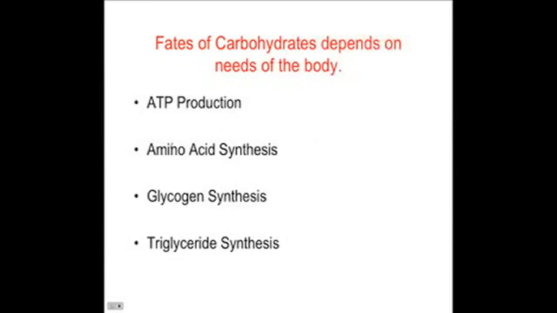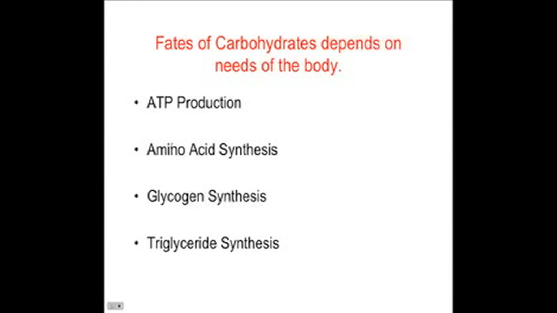There are a bunch of fates of carbohydrates, and it really depends on what the body needs. If the body needs energy, carbohydrates will be oxidized to make ATP. If ATP really isn't needed, then carbohydrates can be used to do a number of other things.